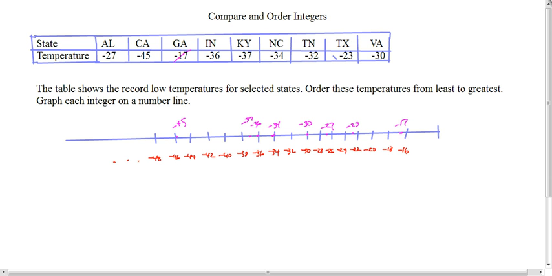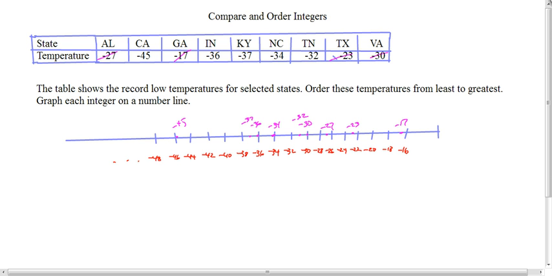I see Texas, -23. I see Alabama, -27. I see Virginia, yep, -30. Tennessee, -32. Let's just go ahead and put it here and call it a -32.